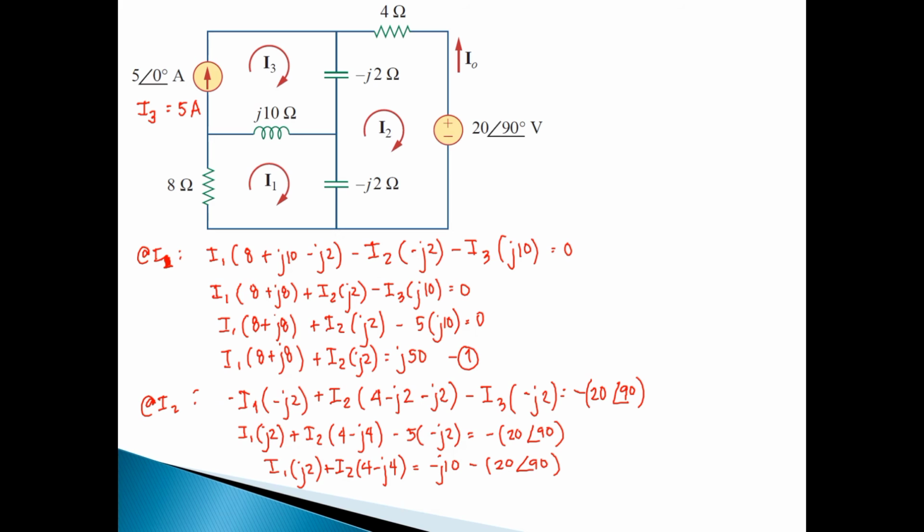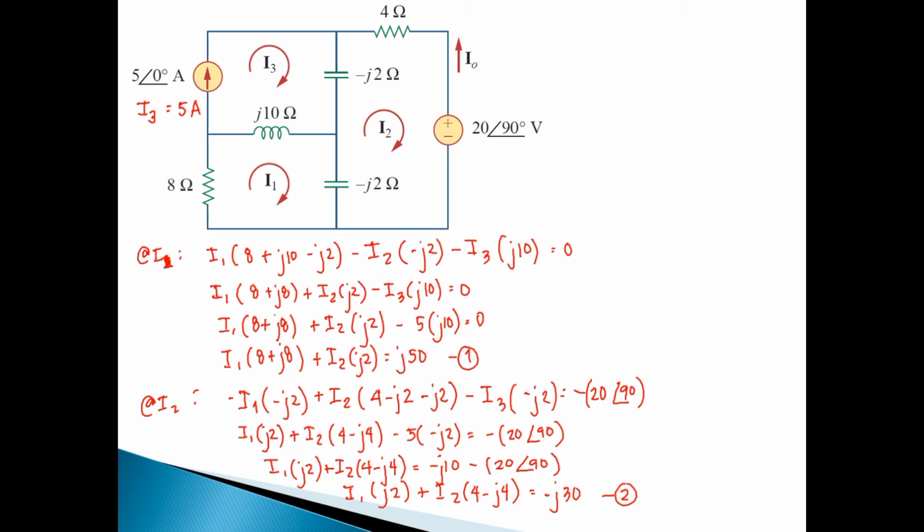So I1 times j2 plus I2 times 4 minus j4 is equal to negative 10j, this will be negative j30. Second equation. Let's simplify the second equation.